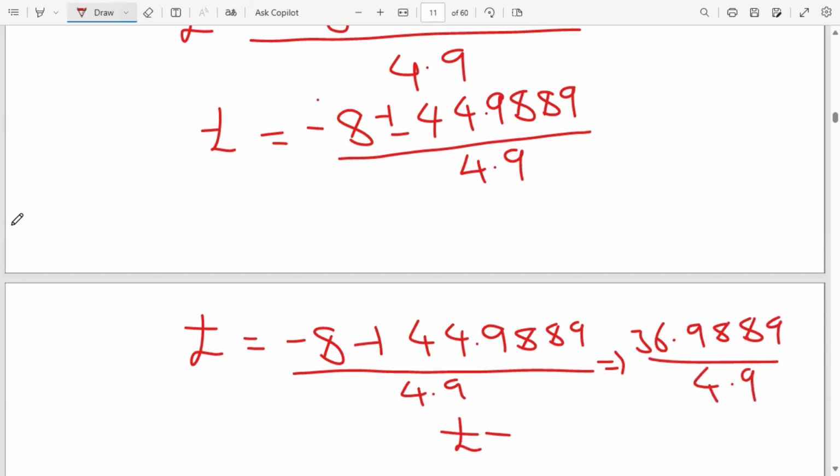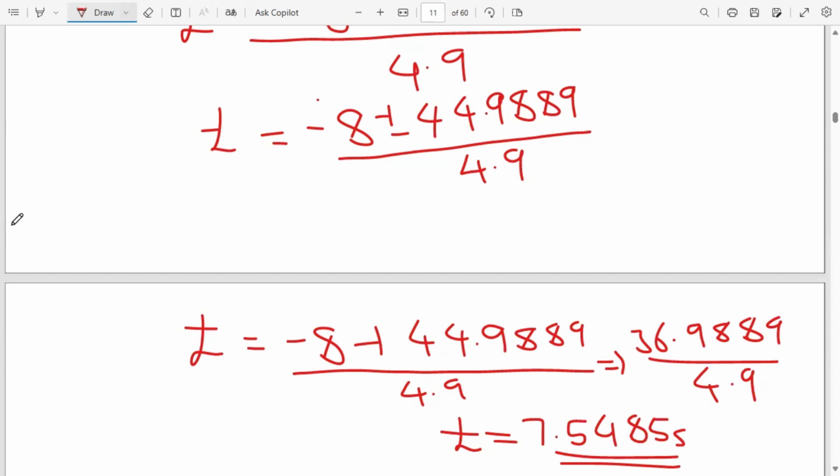And this is going to give us time, which is equal to 7.5487 seconds. So this is the time taken for the box to cover the 200 meters on the incline with the acceleration of 4.9 meters per second squared. This is the time it takes.